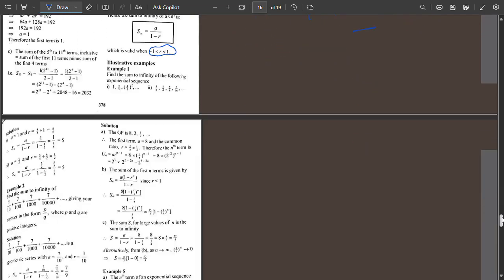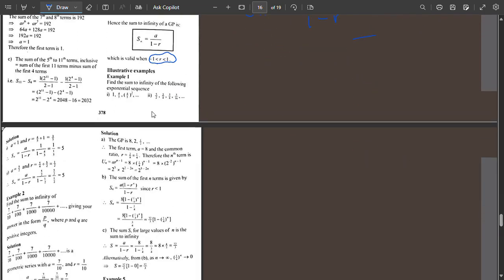So let's try this example. Find the sum to infinity of the following geometric sequence. We have 1, 4 over 5, (4 over 5)^2, and then it goes on.